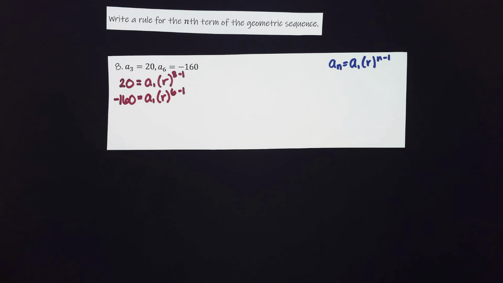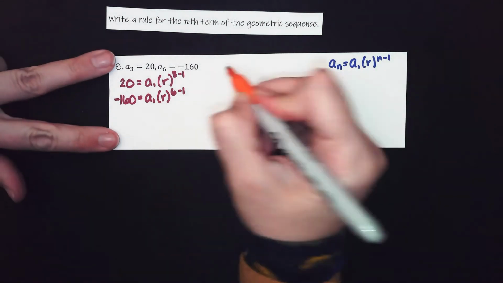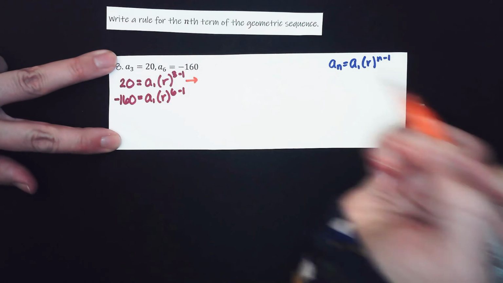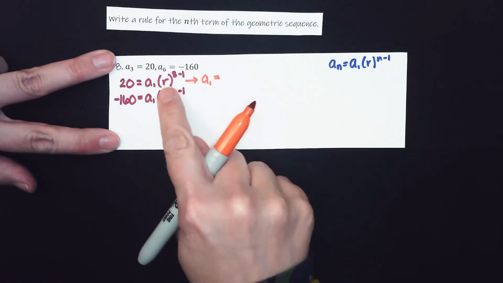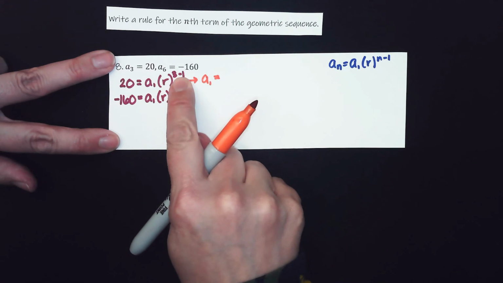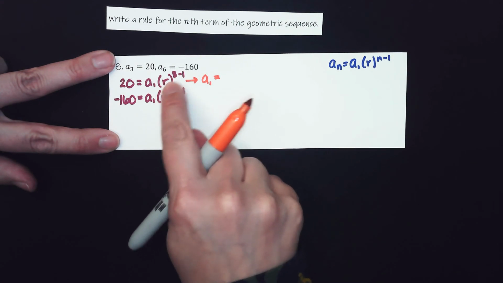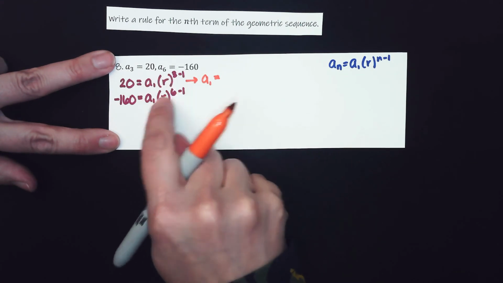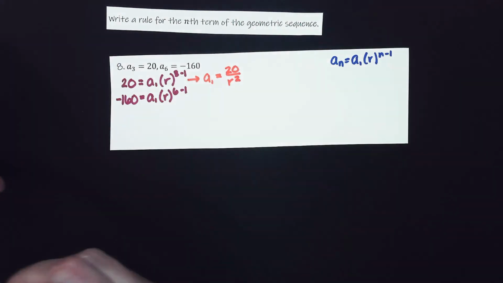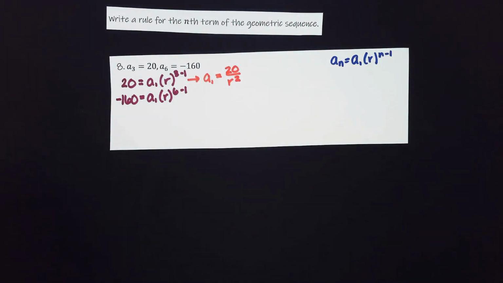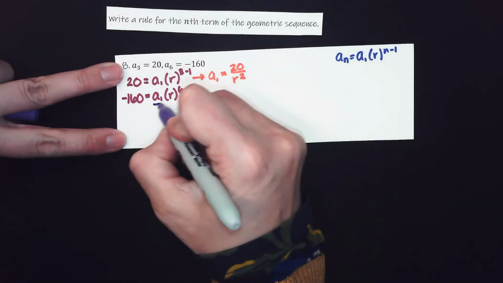Remember, we're solving one of these for a1. I want a1 equals, now 3 minus 1 will give me r squared. To get a1 by itself, I have to divide by that, so I end up with 20 over r squared. We're going to substitute it in for a1 right here.